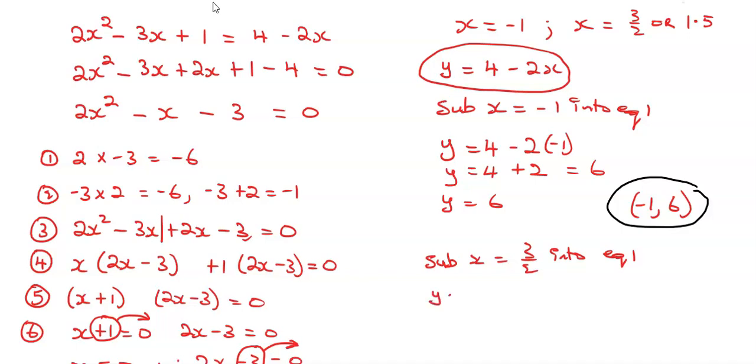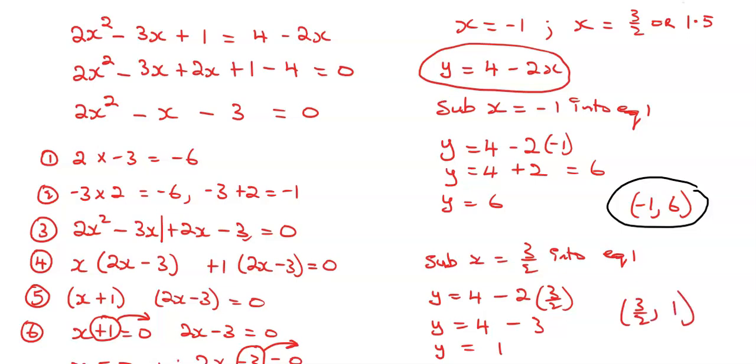So that is y is equal to 4 minus 2 times 3 over 2. What we have here, guys, is 4 minus 3, and y is therefore equal to 1. So now we have our y value that corresponds to x. When x is 3 over 2, then y is 1.